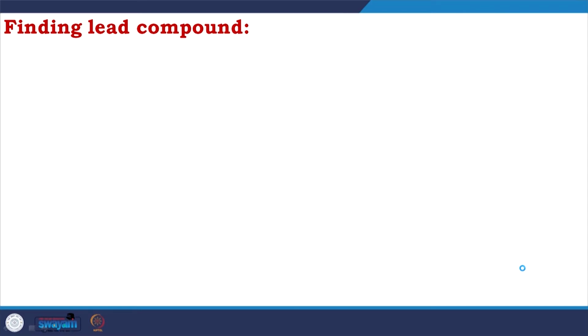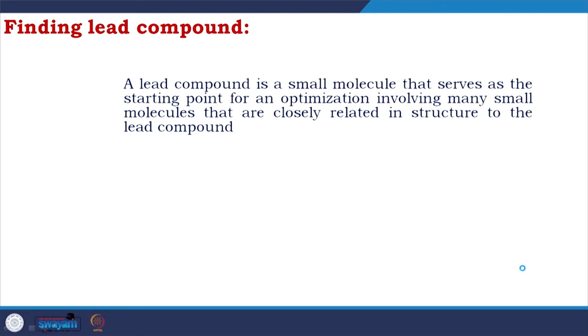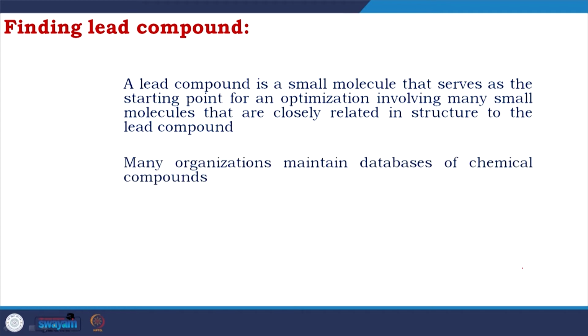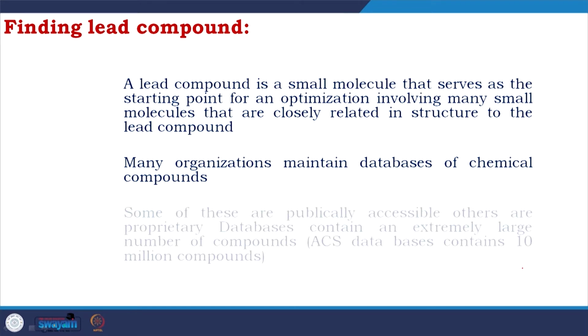I talked about lead compound. A lead compound is a small molecule that serves as the starting point of an optimization involving many small molecules that are closely related in structure to the lead compound. Many organizations maintain databases of chemical compounds.